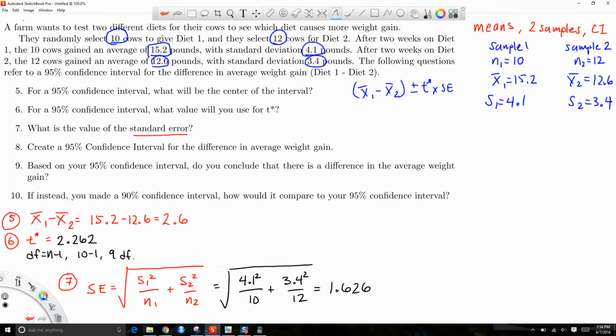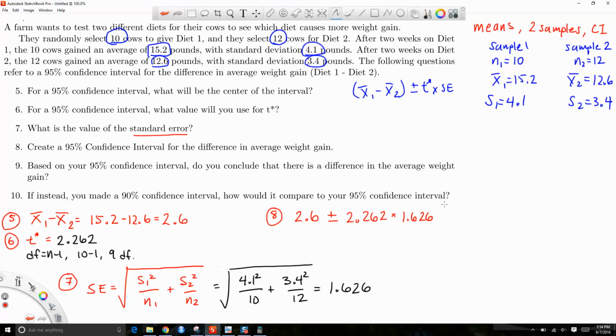All right. Okay, and then for number 8, we're going to just plug in the values into this. And so I have 2.6, x bar 1 minus x bar 2, plus or minus my t star, which is 2.262, times the standard error, which is 1.626.